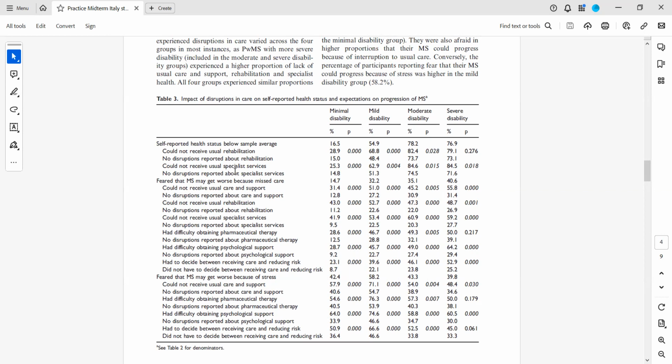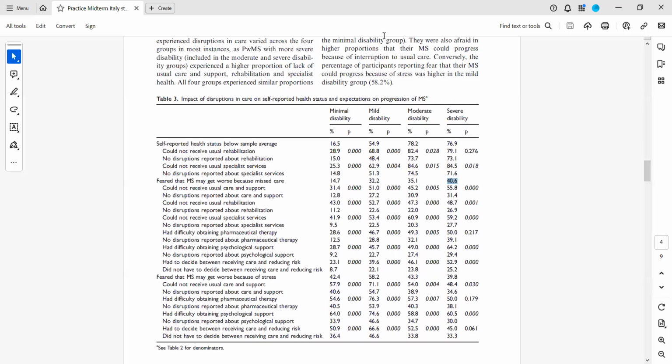Yeah, this one here, right? So which group had the greatest fear? This one over here, right? Severe, 40.6 over there. So what I'm really doing is having you go through and read the tables. What I'm looking for in this case is, can you go through and read the tables and interpret the table?